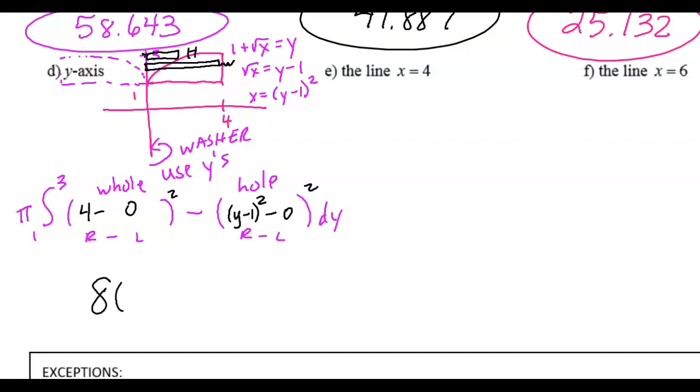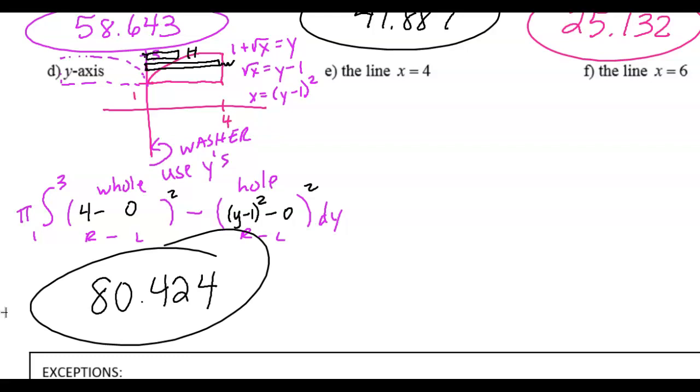And it should be pretty big, 80.424. All right, similar.